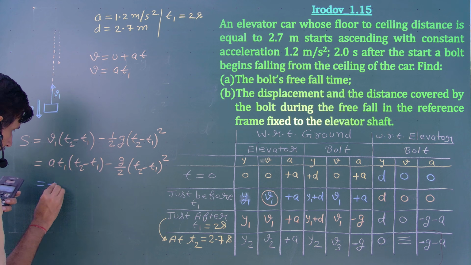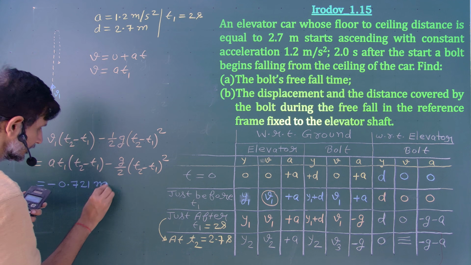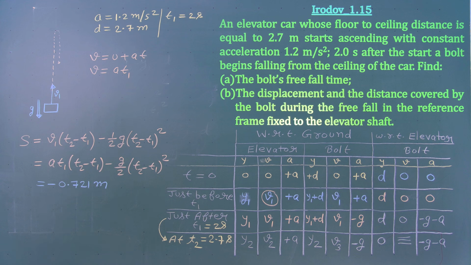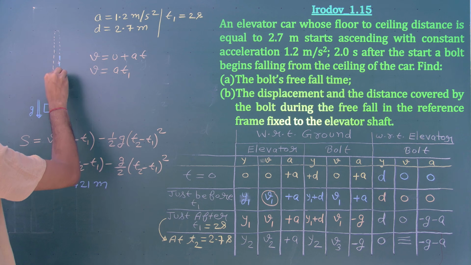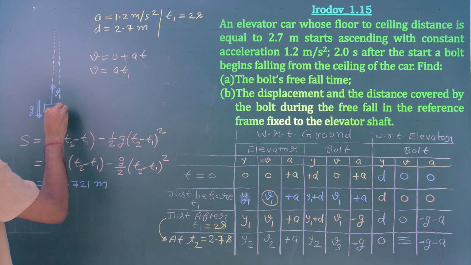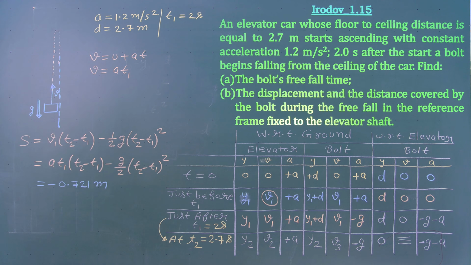It again came out nearly the same thing: minus 0.721 meter. It means the displacement is negative, so the bolt is at this point. So what is the distance?